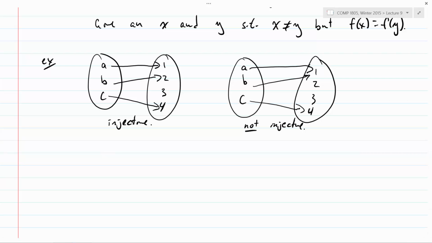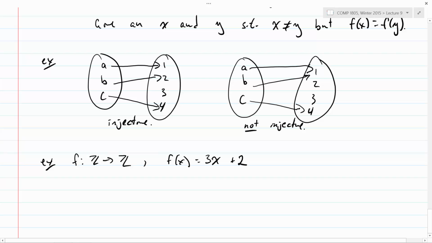All right. So let's move on to thinking about what happens when we're not given a graphical representation, but instead we're given some sort of formula. So let's say we have f takes the integers to the integers, and it's defined by f(x) equals 3x plus 2. And I want to know, is f injective? What do we think? Is it injective or no?